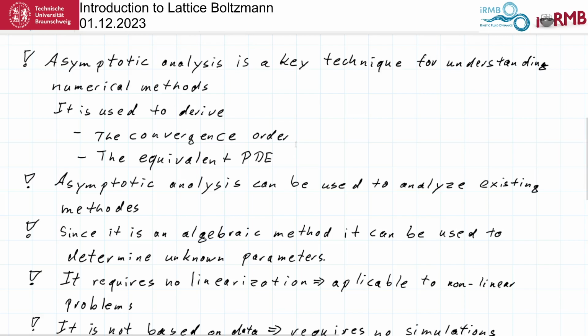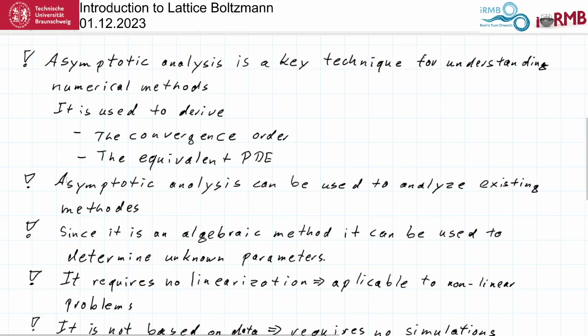The asymptotic analysis is the other end of the spectrum. There you don't need to do any simulation. You just look at the theory of your method. And what you can do with this is you can derive how your method will converge and what is the actual partial differential equation that you are solving.